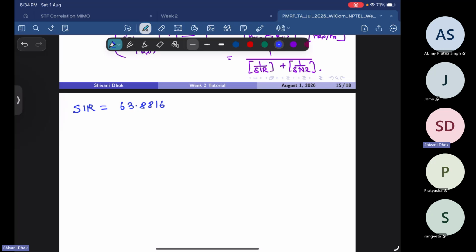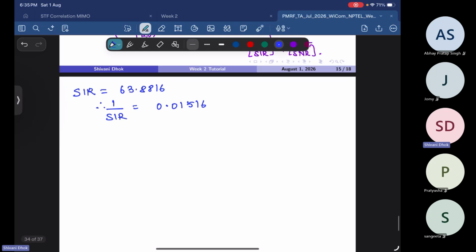So therefore 1 divided by SIR comes out to be equal to 0.01516, something like this. Now SIR and 1 by SIR we know, but what we want to find out is 1 by SNR. So 1 by SNR is basically Pn upon PRX 0. So received power we know, it is given to us.